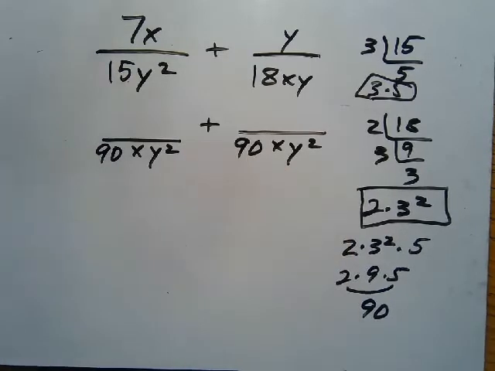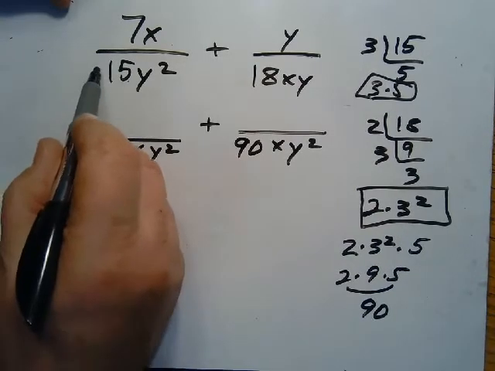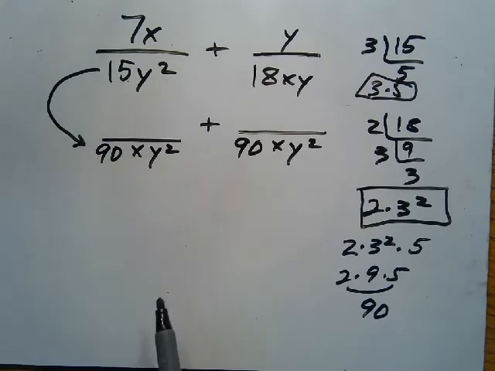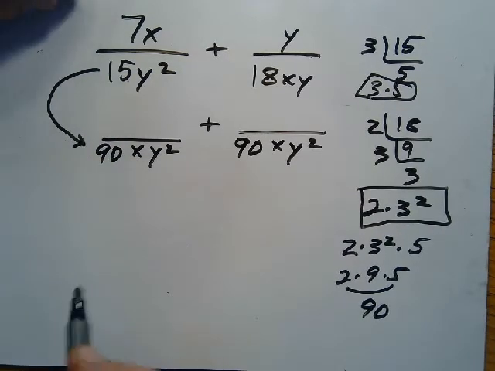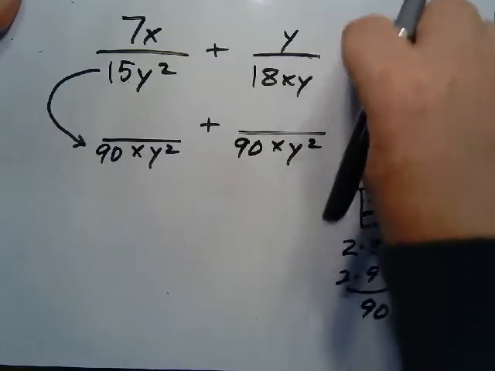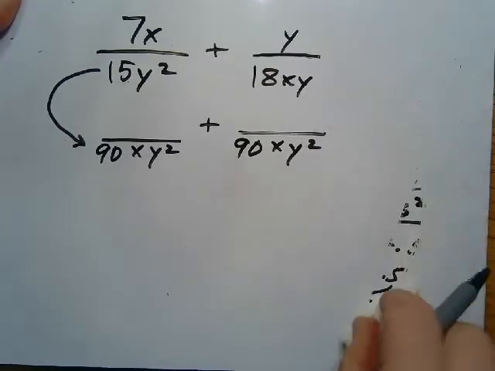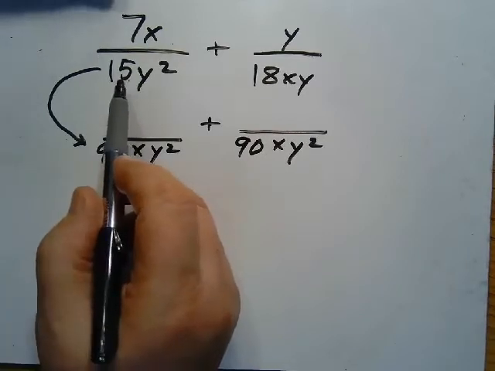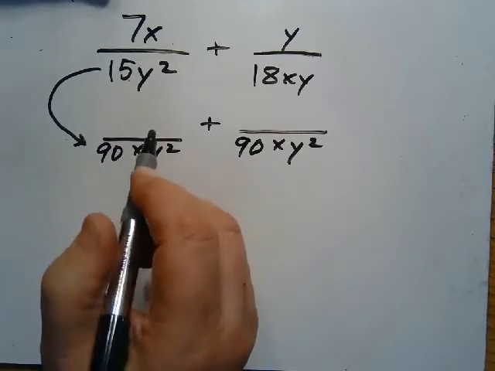That's the hardest part to find on these usually. Okay. Now we're going to ask the question, what did we have to do in order to get the numerator the same? We've got to multiply the top and the bottom by the same number. So if I multiply that numerator by the same thing I multiplied the denominator by, I'll get equivalent fractions here.